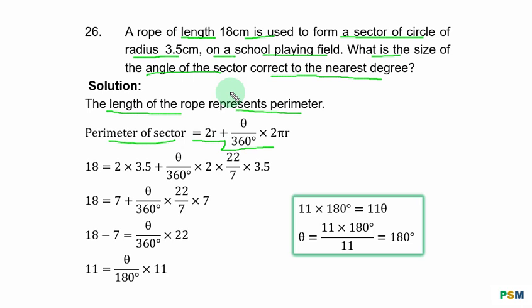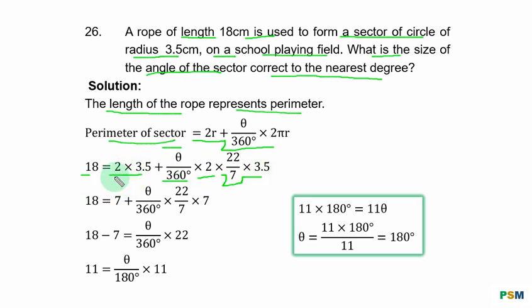The perimeter, which is the length of the rope, is 18, equal to 2 times radius 3.5 plus the angle, which is unknown, over 360 degrees times 2 times pi times radius.